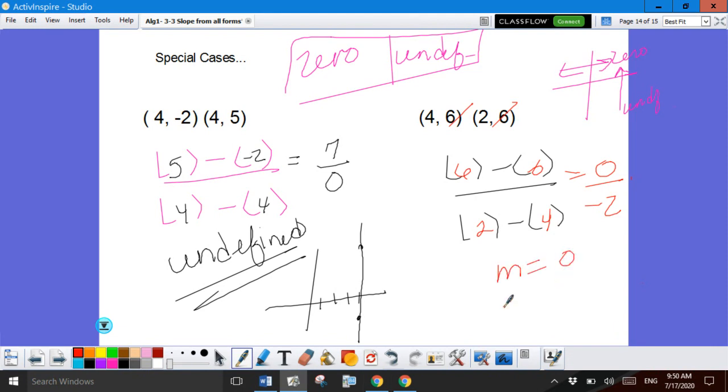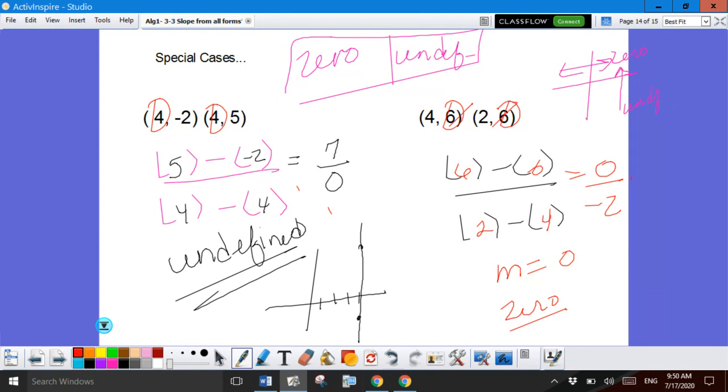So that one's pretty simple. This is the 0 slope. Okay? So if 0 is on top as you're solving, that is a 0 slope. If 0 is on the bottom, that is an undefined. So watch for when these numbers are the same, because that tells you you're going to have one of those special cases. All right, you should be good to go.